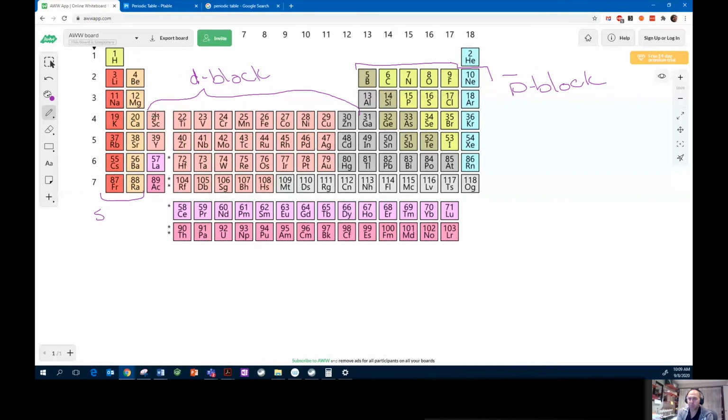Now, in the D block, it's pretty straightforward, except for chromium and copper. You need to remember those two exceptions. These guys down here have their valence electrons in f, and the rules don't really apply. Predicting the configurations is really complicated.